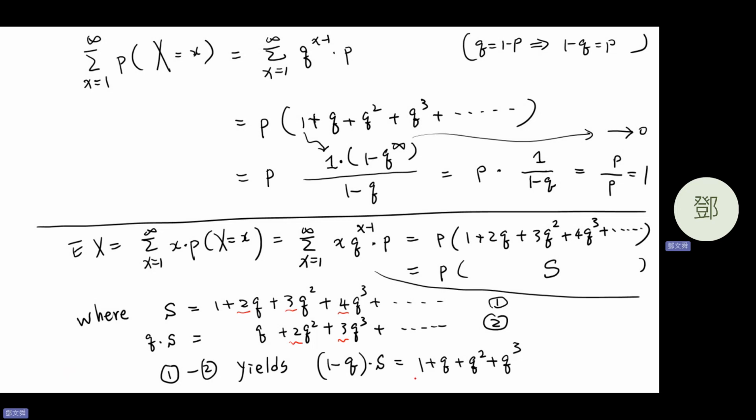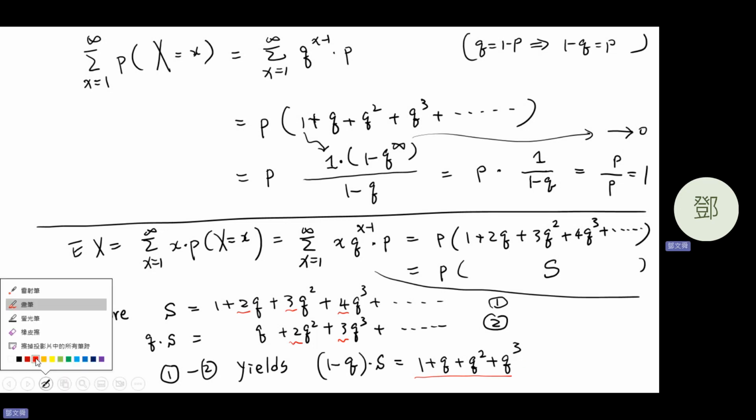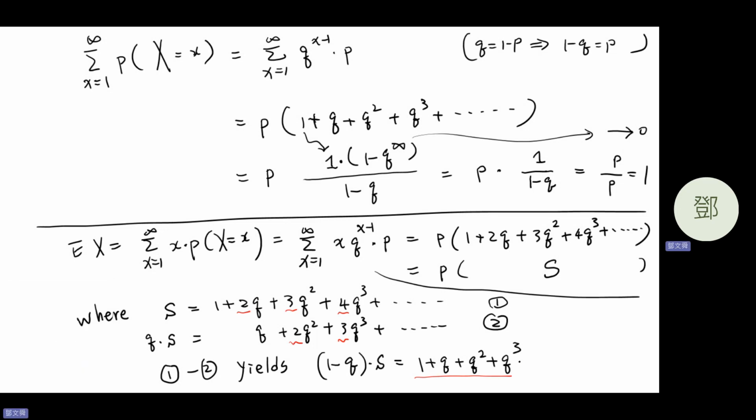Now they were kicked out. Now the formula has no coefficient, and it is equal to 1 over (1 minus q).